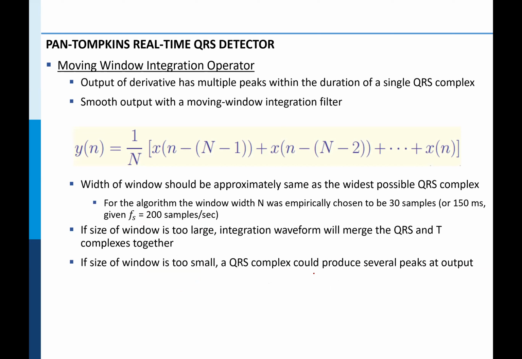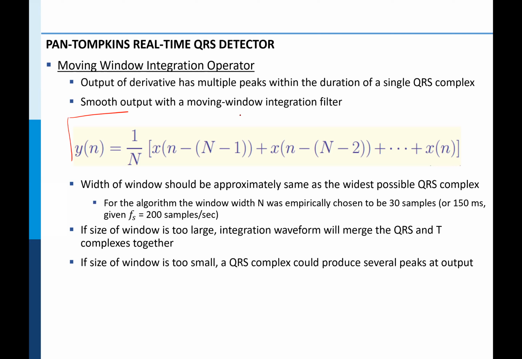Okay. So the first stage, you could see as a bandpass filter, the second stage is a derivative filter, and the third stage is a squaring operation, followed by another filter, which is a moving average or moving window filter.